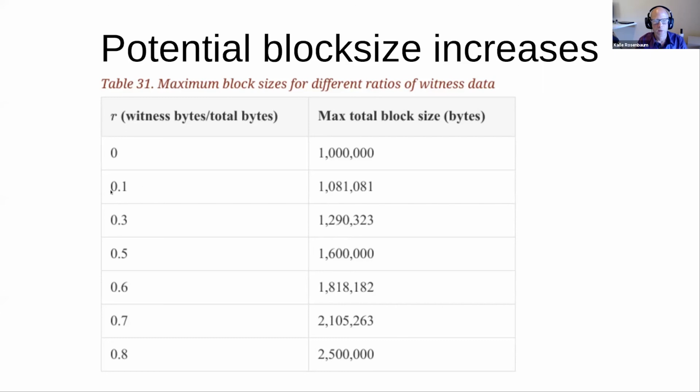And if we have 10% witness bytes, that would mean that the effective maximum block size would be a little bit more than 1 million bytes. And as the ratio of witness bytes increases, you come up to something like 2.5 megabytes. If you have 80% witness data, you would have an effective block size of 2.5 million bytes.